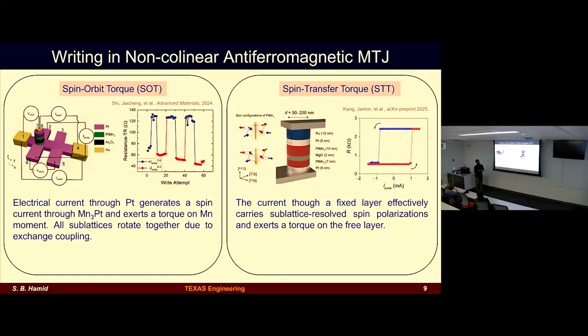That is how the spin orbit torque and the spin transfer torque work.